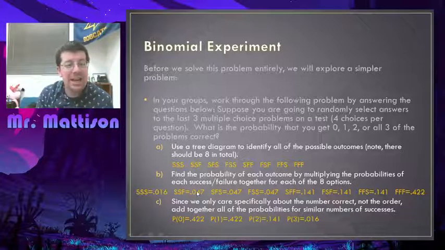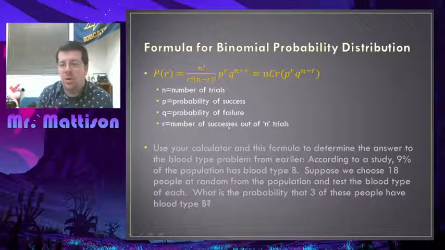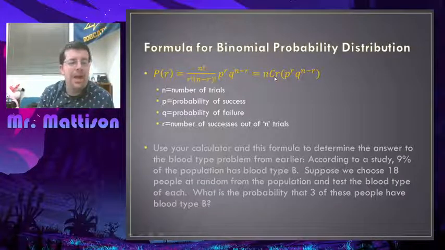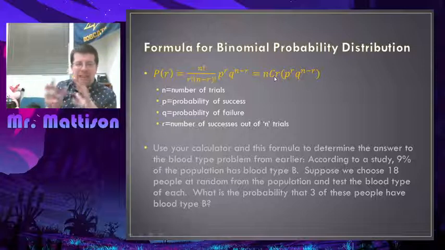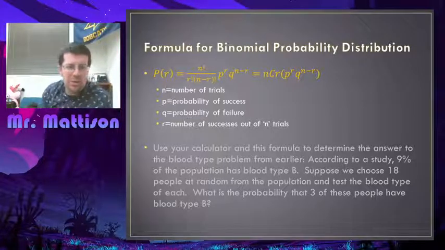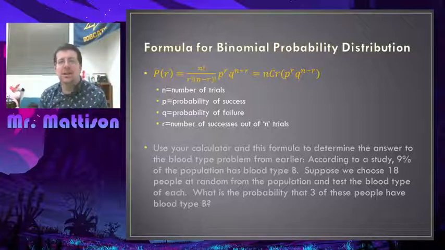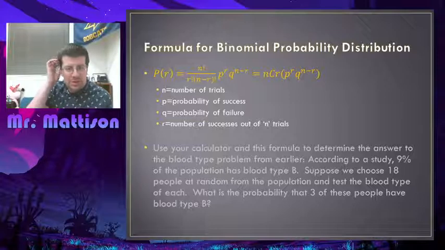That's what that nCr is going to do for us. It multiplies by how many times you get that same thing, just in a different order. So that's going to be our equation for finding the probability of success.